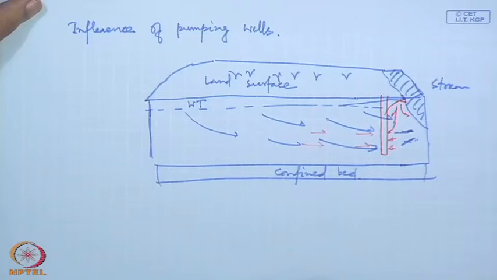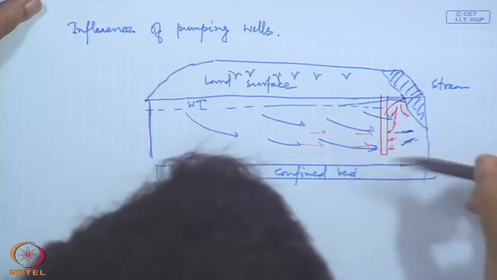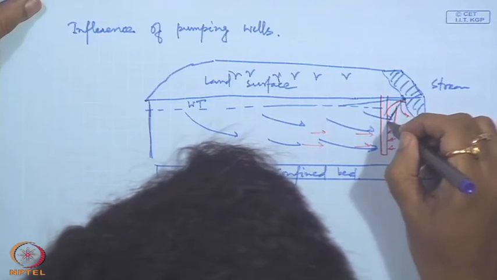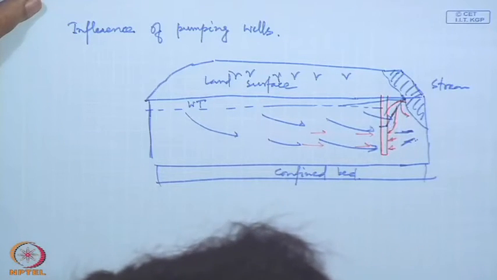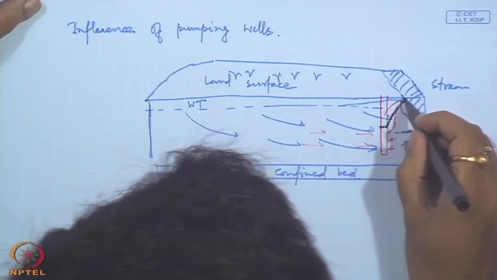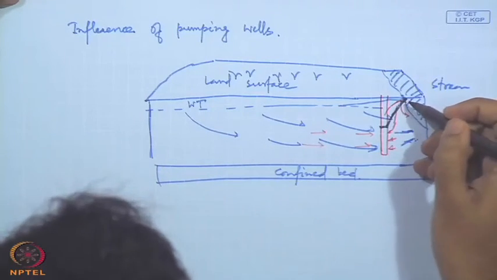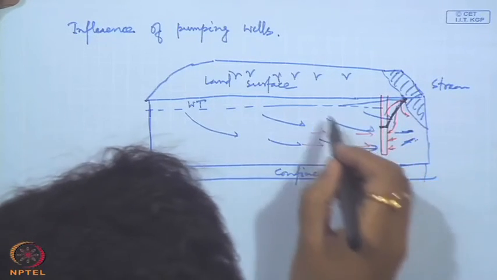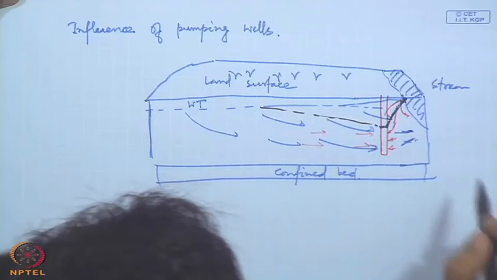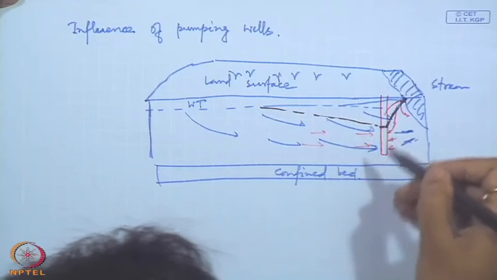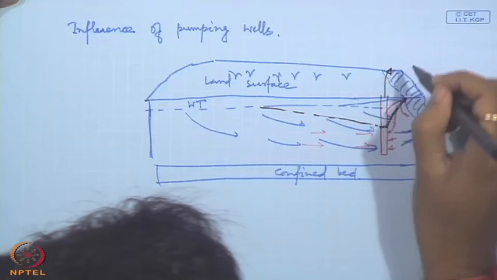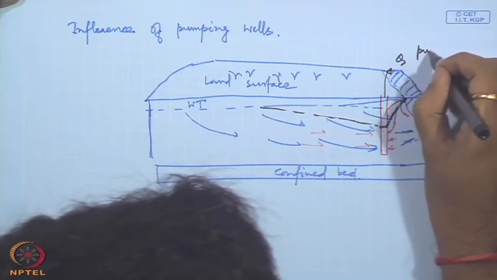But if we have a heavy amount of pumping, then it will be directly connected with the stream stage, and we will see a different drawdown in the pumping well.